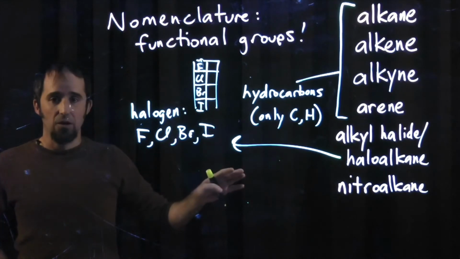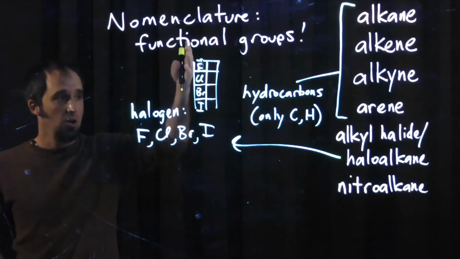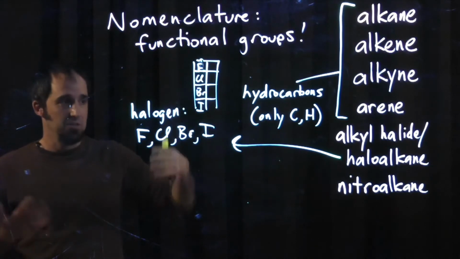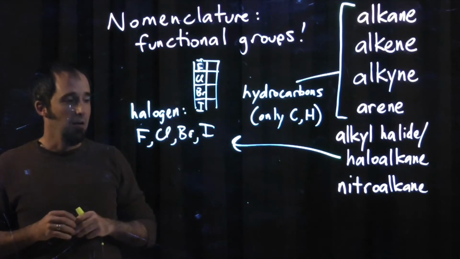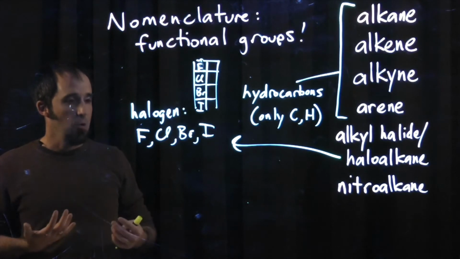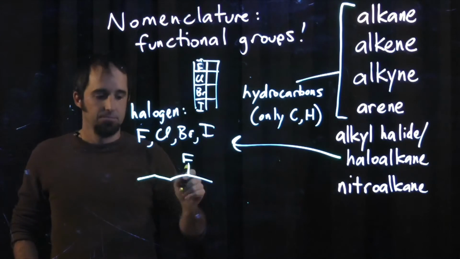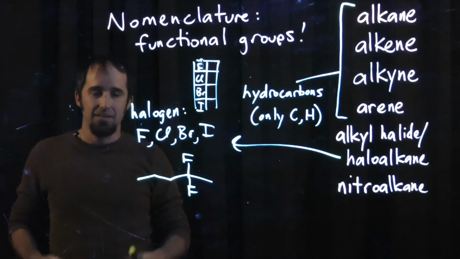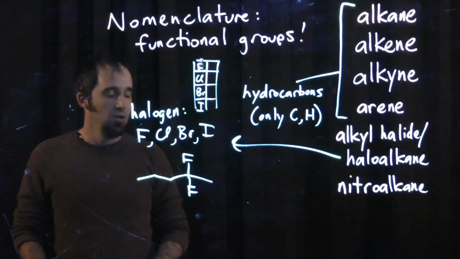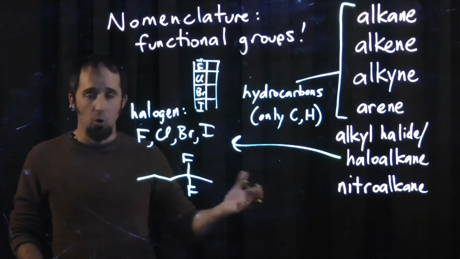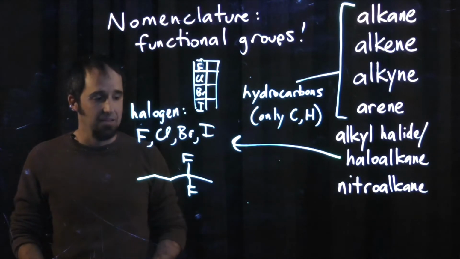And we talked about fluorine and its electronegativity. All of these atoms are at least somewhat electronegative. So hydrocarbons that contain a halogen, something like that, this would be considered an alkyl halide or a haloalkane. Both of those classes are fine.